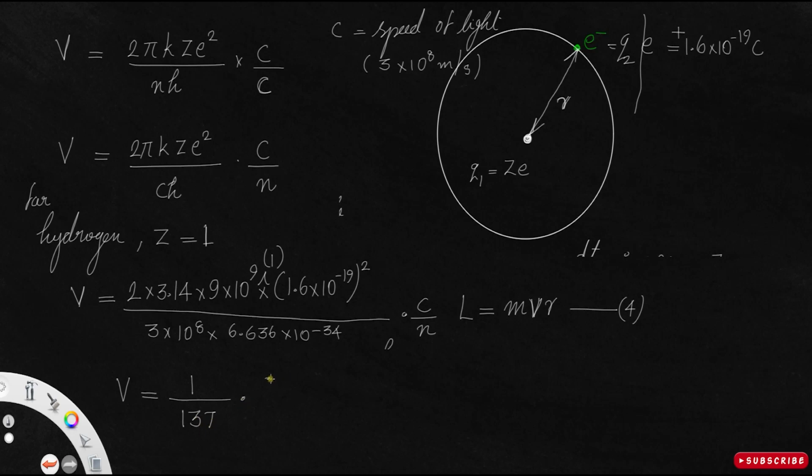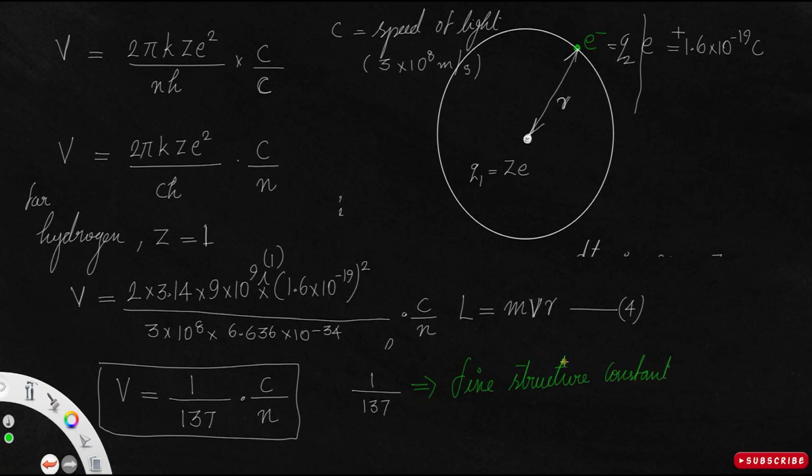So the final expression for the hydrogen atom is 1 by 137 times c by n. And we call this 1 by 137 the fine structure constant.